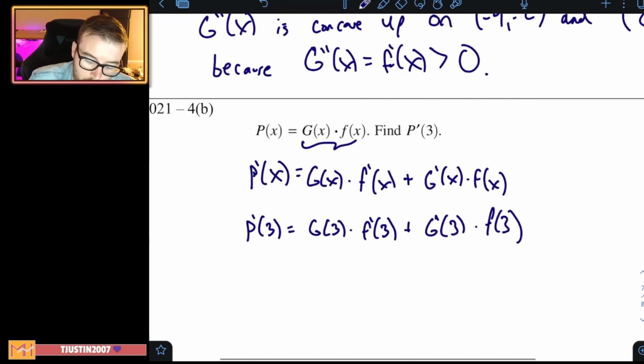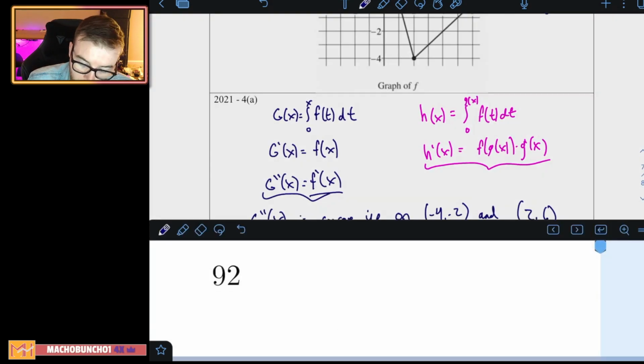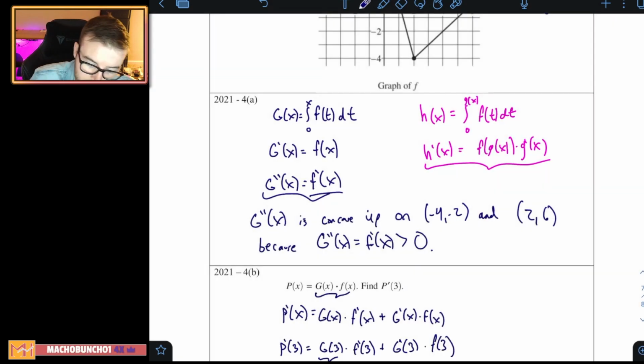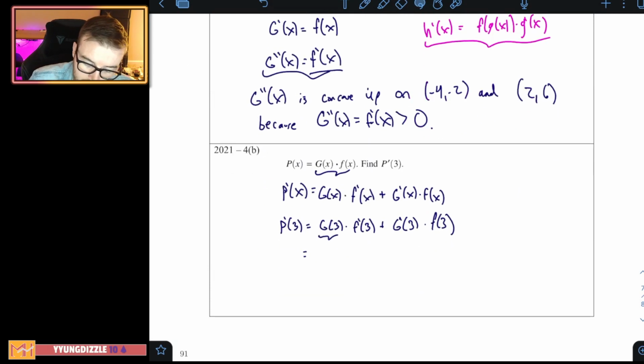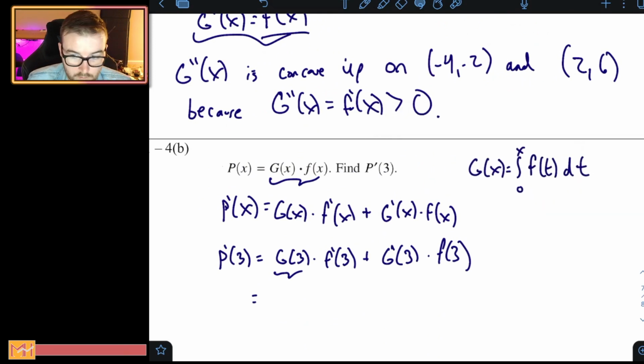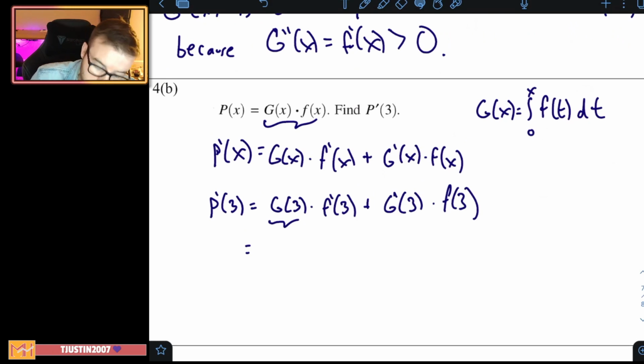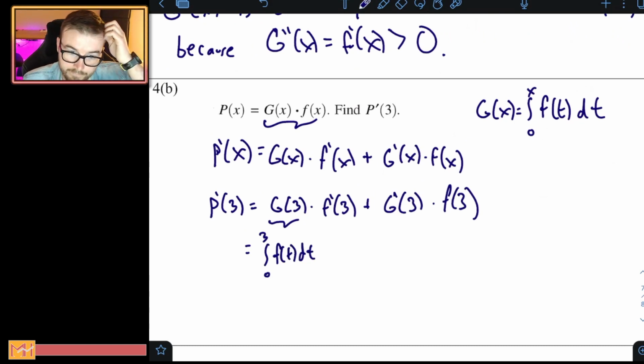Okay, well, what is g of 3? Recall that they defined g of x to be equal to that. So that means g of 3 is equal to that, right?